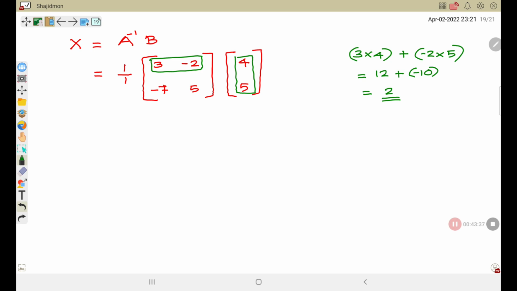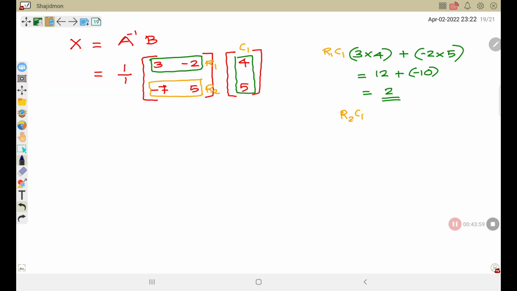Now we do the second row with the first column, R2 C1.